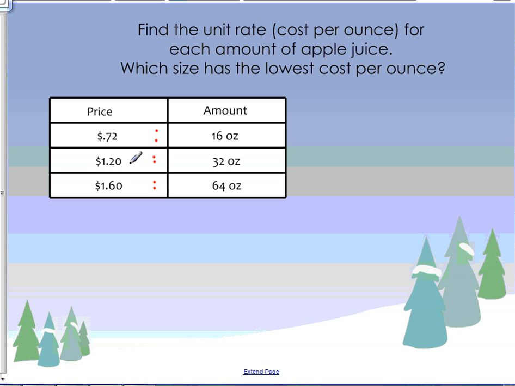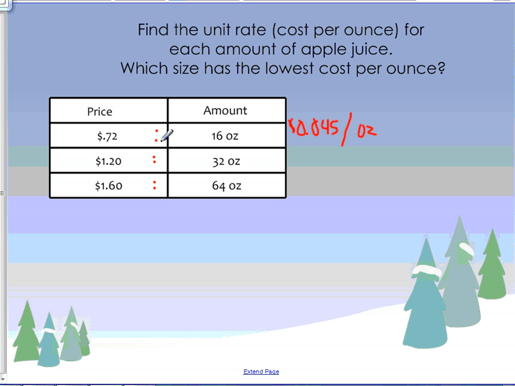And in order to do that, we would then do 0.72 divided by 16, which we could find is 0.045 per ounce.